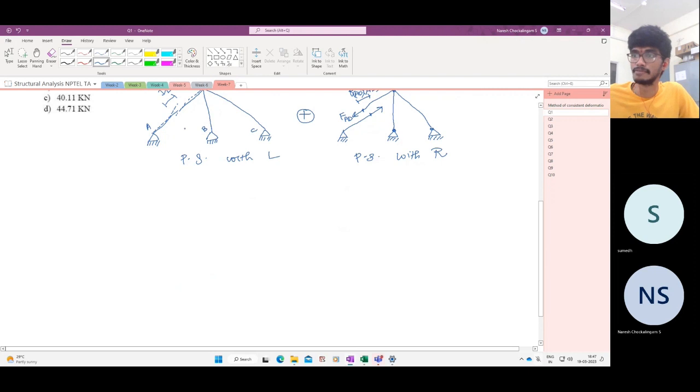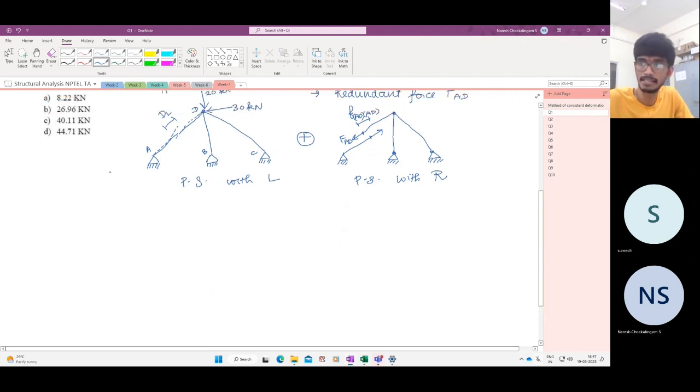So in this case, if you look at this structure, you have a missing member which cannot take up any force. It's very simple to determine what the member forces are.